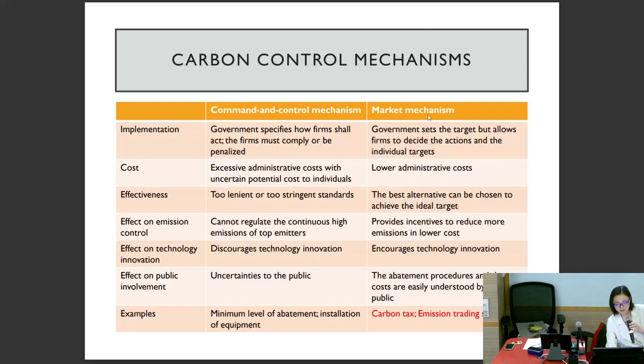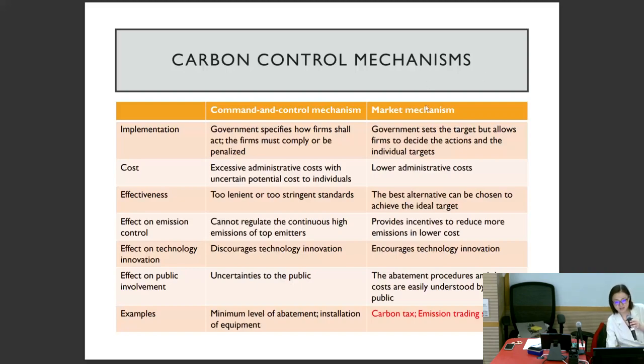And for the market mechanism, the government sets the target but allows the firms to decide the actions and individual targets. So the government sets the emission reduction target, and then the firms decide whether to apply some clean technology and reduce their emissions, or buy the allowance from the market. The government provides financial incentives to attract the firms to reduce their emissions.